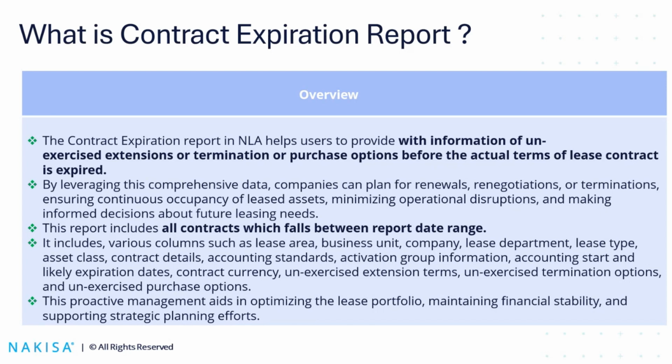What we normally use this for is monitoring contracts that are expiring. So we'll run the reports on a quarterly basis for a 90-day period and then reach out to those individuals outside the accounting teams in regards to renewals, and to verify whether the contracts are actually terminating or if they have extensions coming into play.